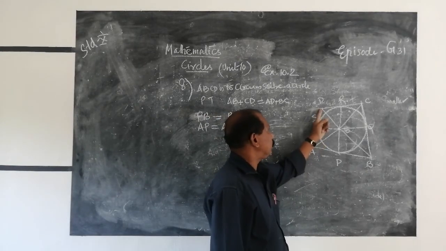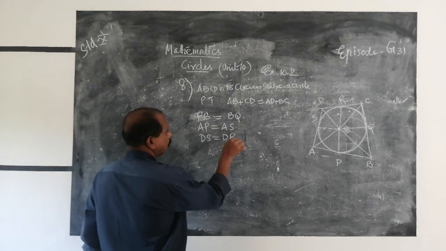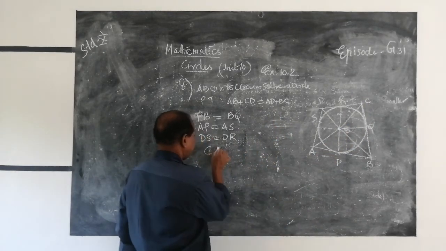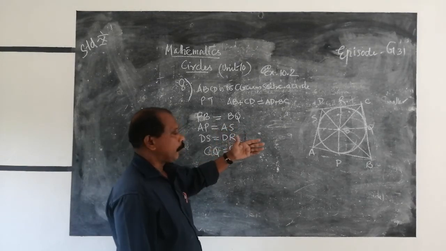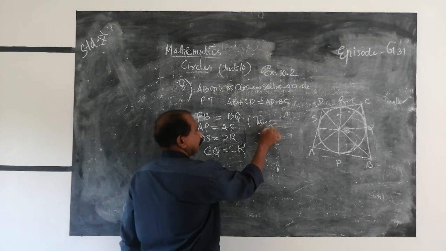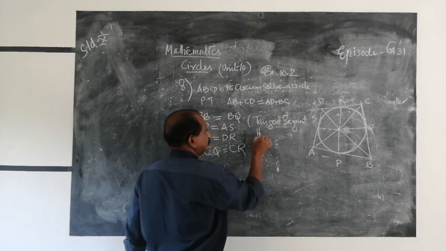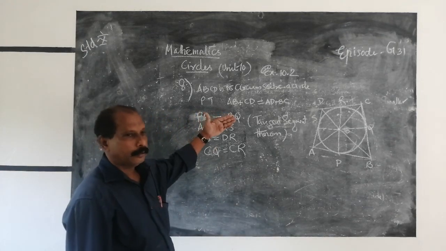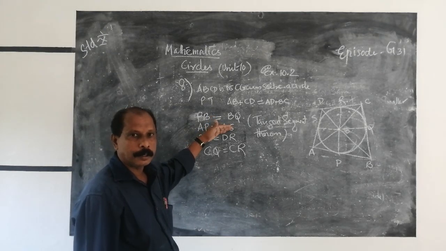And DS is equal to DR. CQ is equal to CR. Therefore, in this problem, we know that these are the results, known as tangent segments. Clear? Okay. Then the next part of this problem will be in the next episode. Okay.